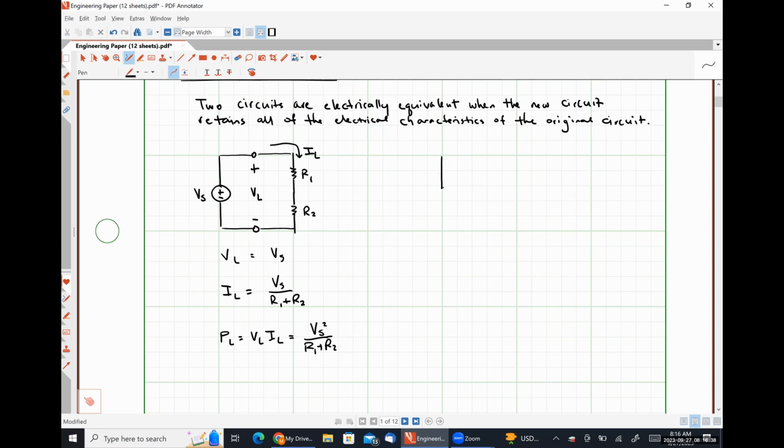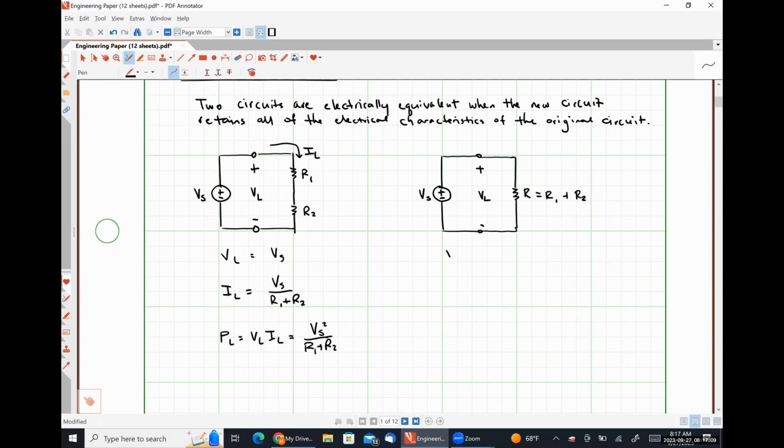Over here on the right-hand side, we're going to have our voltage source VS connected to a single resistor whose value R will be equal to R1 plus R2.